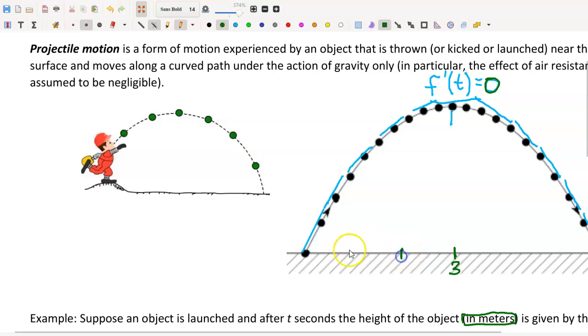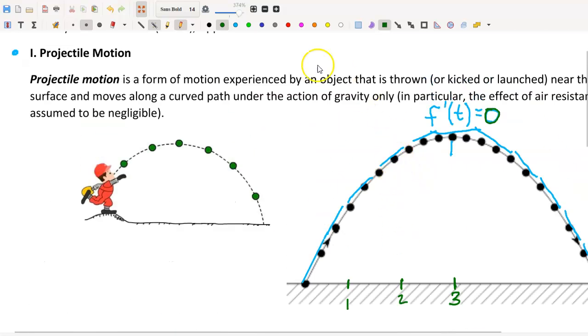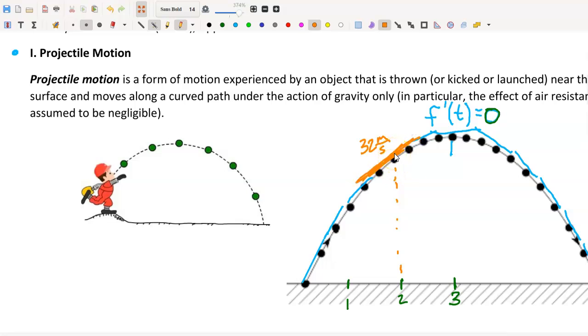Let's say 2 seconds right here, 1 second right here. And we just found earlier that at 2 seconds, it was going 32 meters per second. So that would be right around here. Right, at 2 seconds, right here, we found out it's going 32 meters per second, which is the slope of this line. If we found the slope of that line, that's the same as the speed at that time.